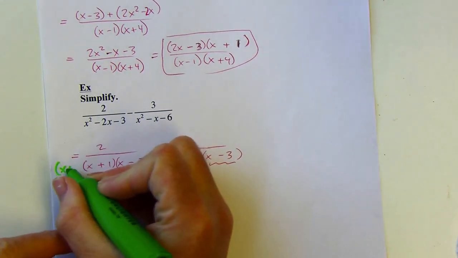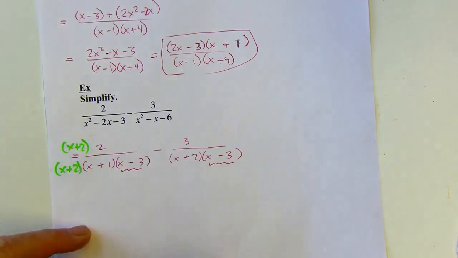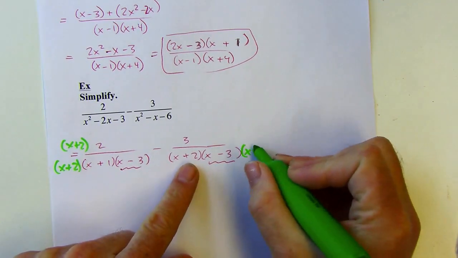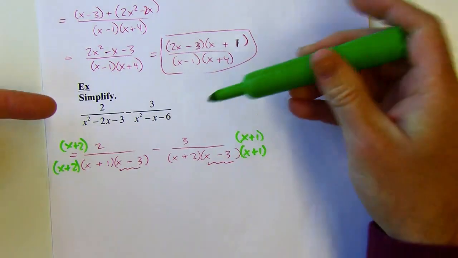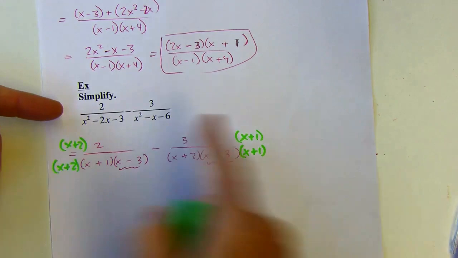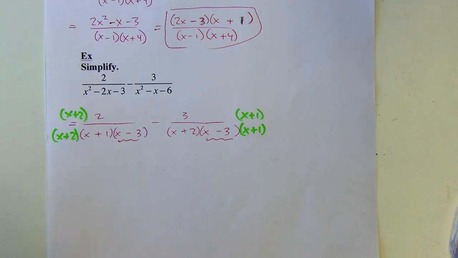So let's just multiply this by x plus 2 over x plus 2 here. Okay? And then this one's missing the x plus 1. I mean, in the beginning, you could just multiply both fractions by the other trinomial, but then it'll be a giant mess. It's much easier to factor it and do as little multiplying as you can.